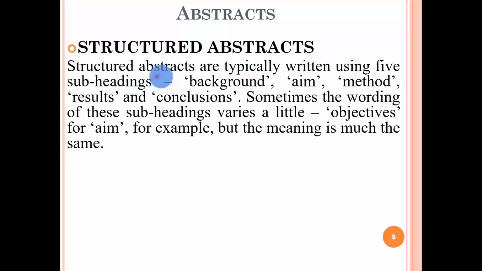So structured abstracts are typically written using 5 subheadings. Okay, these are 5 subheadings to consider: background or overview, so some sort of an introduction. Then the aim or the objectives, why we are doing this research.